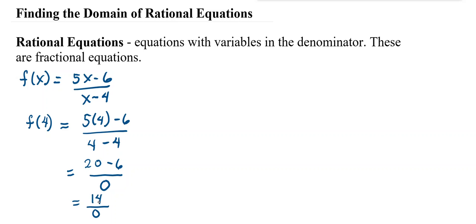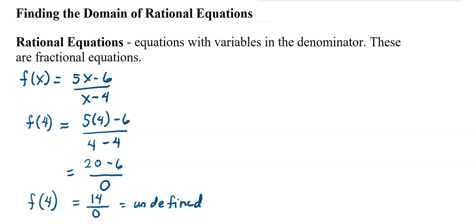So that's 14 over 0. That means my f of 4 is 14 over 0. But what is 14 over 0? Remember, any division by 0 is undefined. So that means we're going to have an undefined value when x is 4.